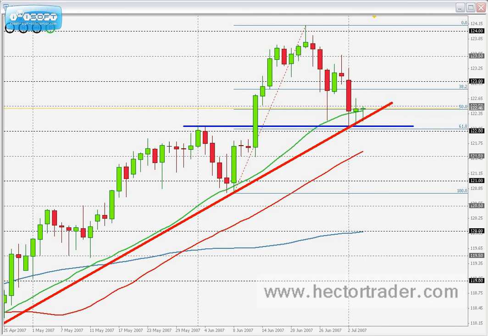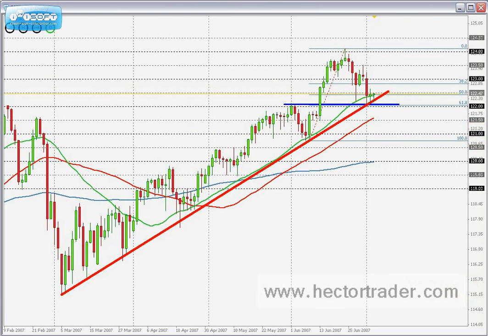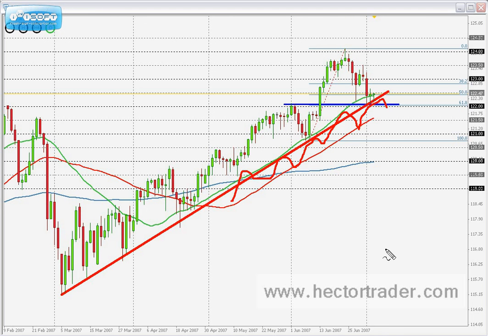We are going to focus on this last swing of the chart. As you know, at this precise level, at the 122 area, we have a number of elements of support coming together. Let me zoom out again. First of all, as usual, we have the dynamic area of support between the 30 and the 50.